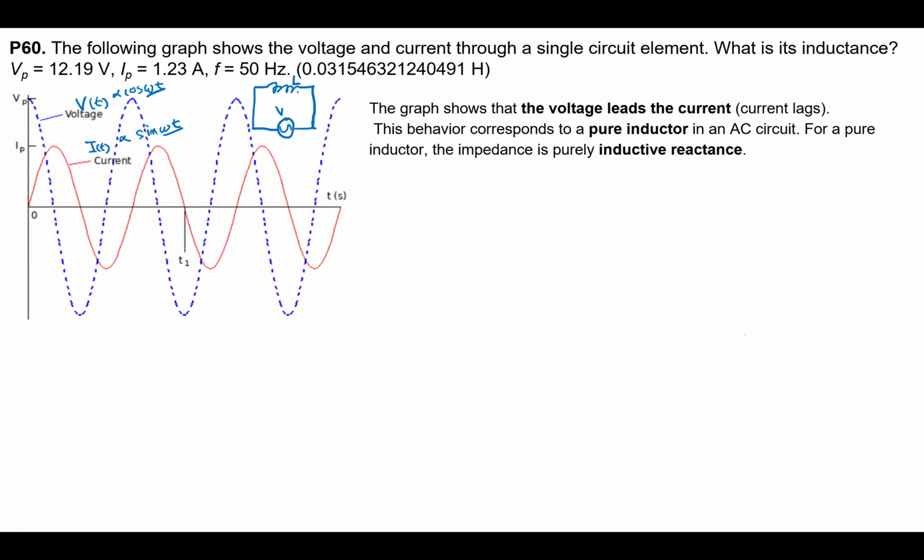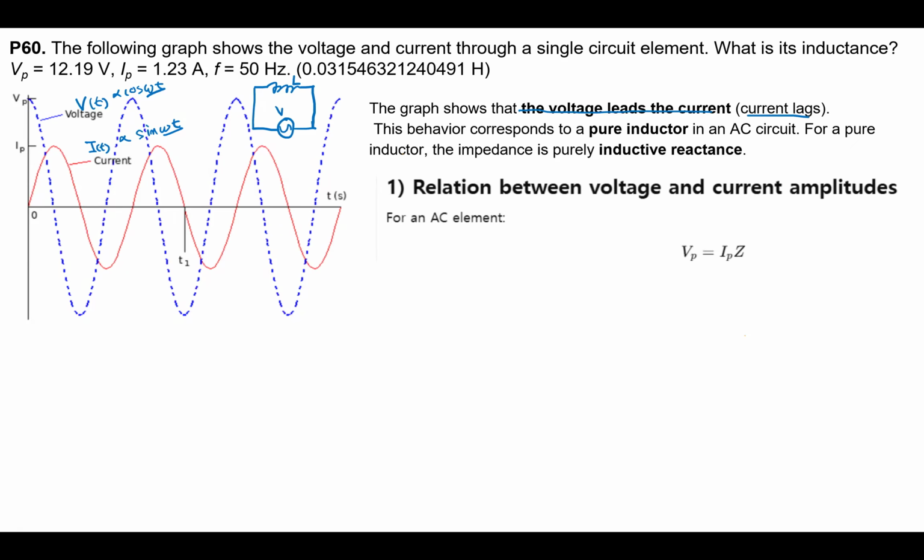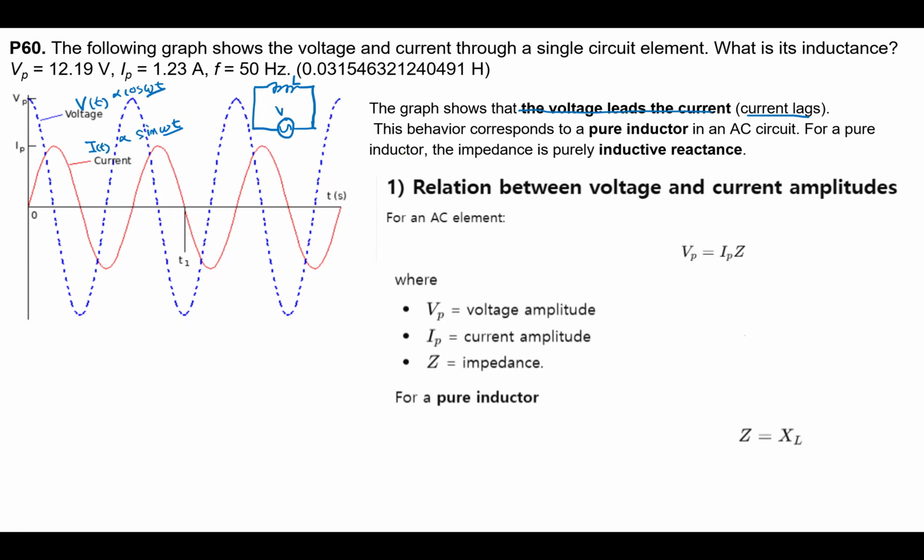So in this case, the voltage leads the current, or the current lags. And the relationship between the voltage and current is given by this one. Once again, it's the same Ohm's law in the AC circuit. In this specific case, we have only a pure inductor, so R equals 0, C equals 0, and then we get this one.